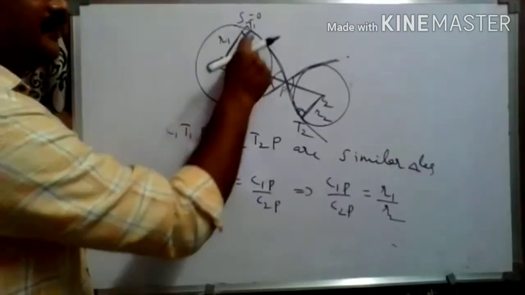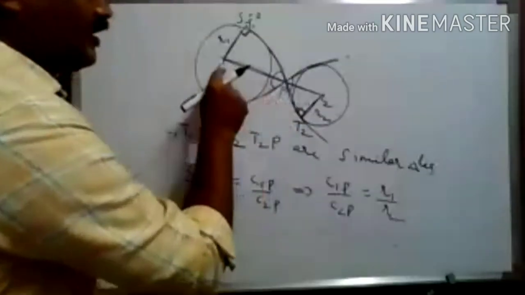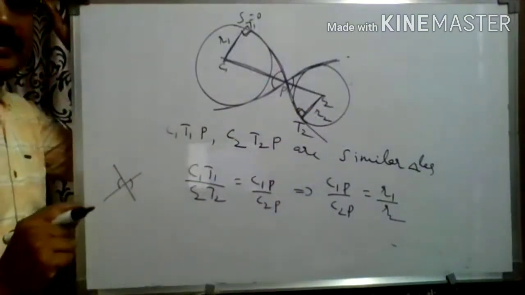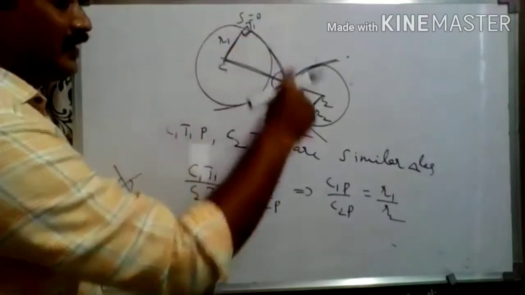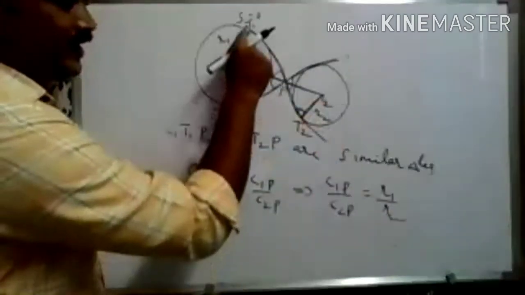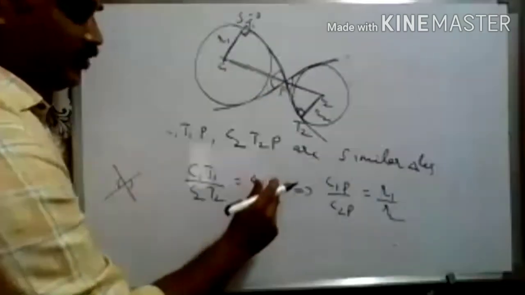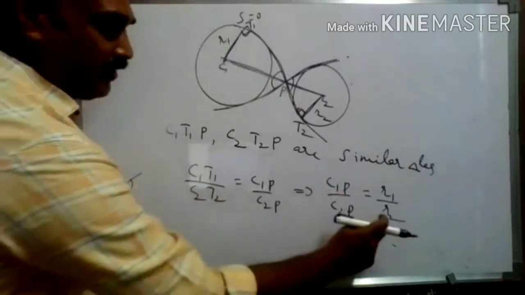Therefore triangles C1T1P and C2T2P are similar triangles. In similar triangles, corresponding sides are proportional. So C1T1 by C2T2 is equal to C1P by C2P. C1T1 is equal to R1 and C2T2 is equal to R2.